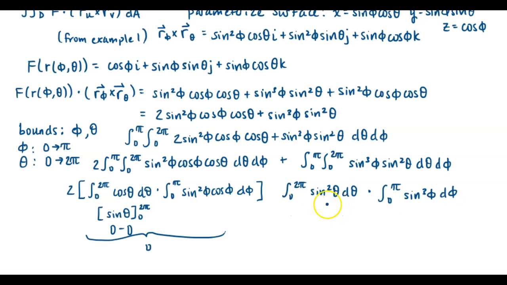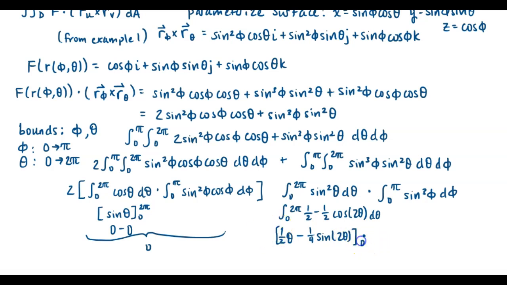All right, as far as the theta goes, we can use this double angle identity, and we can call this the integral from 0 to 2 pi of 1/2 minus 1/2 of cosine of 2 theta d theta. And this is going to give us 1/2 theta. The integral of cosine is going to give us a sine, and this 2 inside of that function will make this a negative 1/4 sine of 2 theta.